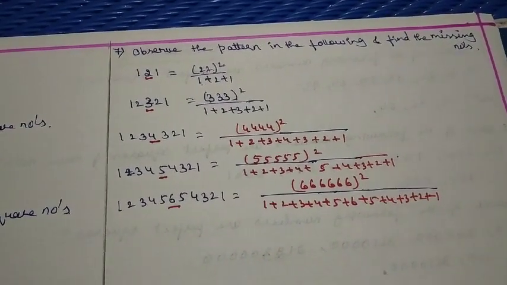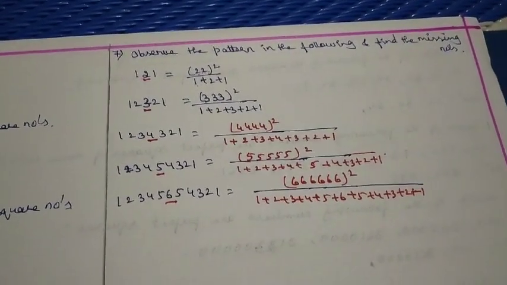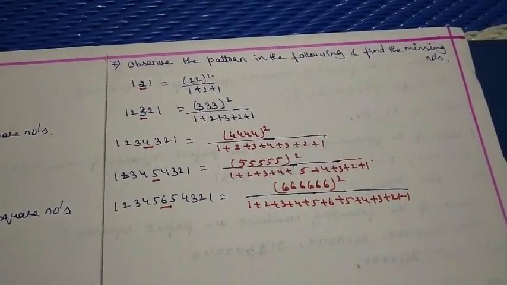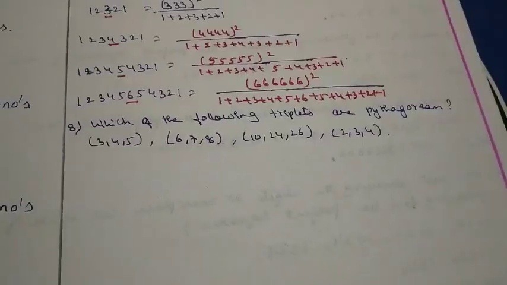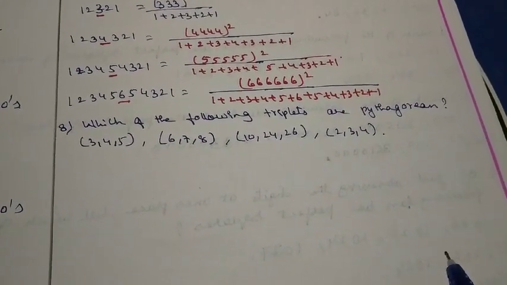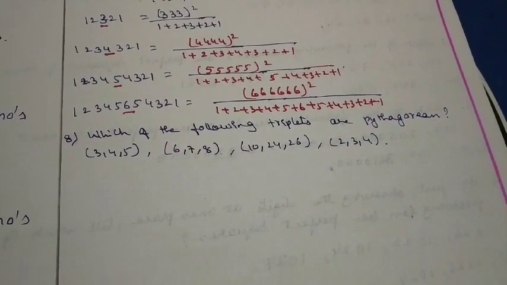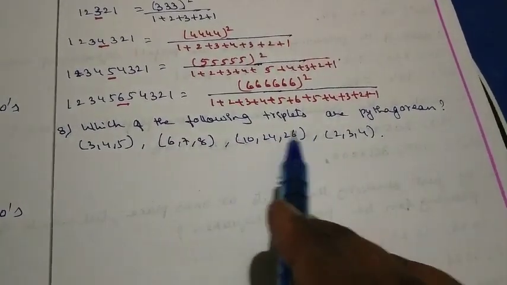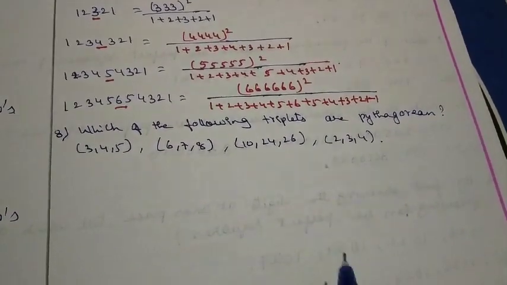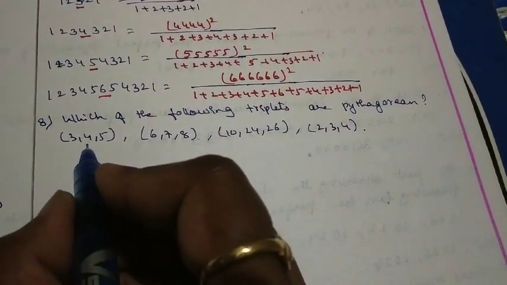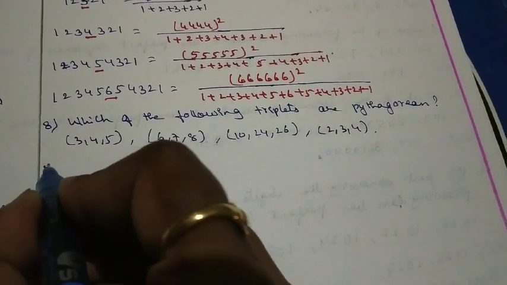We have to see the above pattern and write the remaining, missing pattern. Okay, now we'll move to the 8th main. Which of the following triplets are Pythagorean? We need to identify whether they are Pythagorean triplets or not. In class 7th we learned that the hypotenuse is the longest side, right?